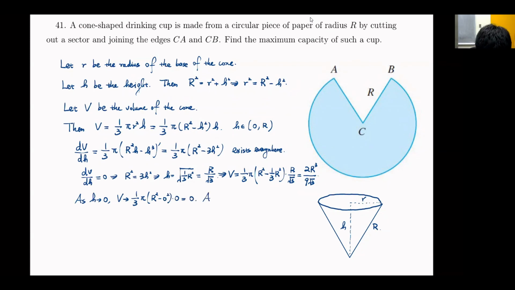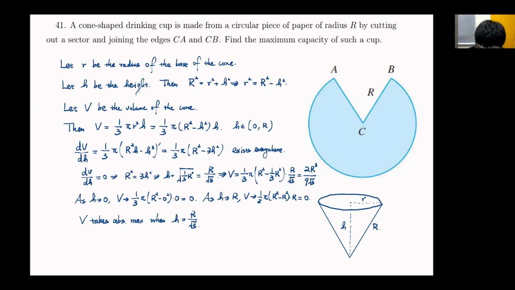If h approaches R, similarly, V is approaching 1/3 pi times (R squared minus R squared) times R, and what you will get is still 0. Comparing these three values, you'll find that the function value at the critical number is actually the largest. That's how we see that V takes absolute max when h equals R over root 3.